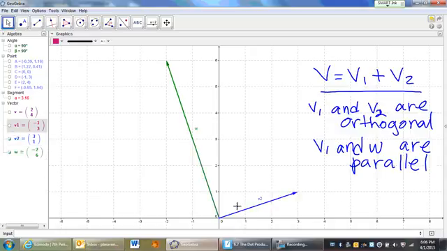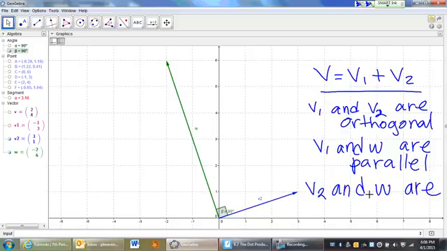So we have W and V sub 2, and for them to be orthogonal, the angle between them should be 90 degrees. And we could see clearly here that, not that one, sorry. They are 90, the angle between them is 90 degrees. So yes, we would say that V sub 2 and W are orthogonal.